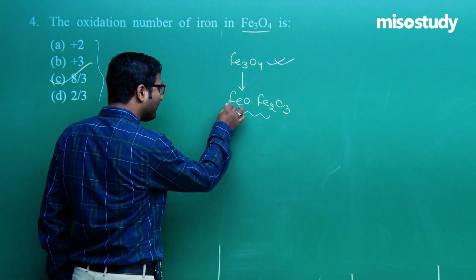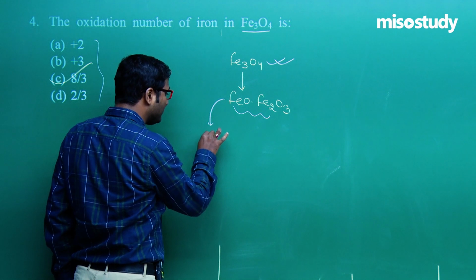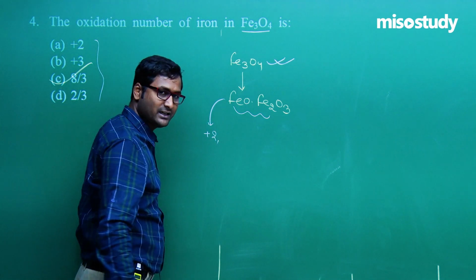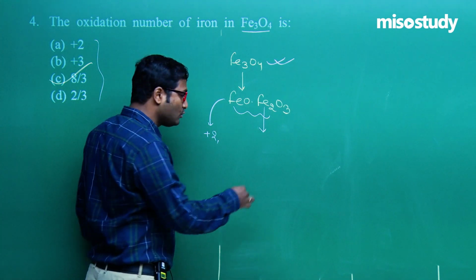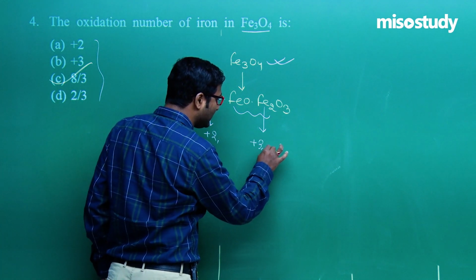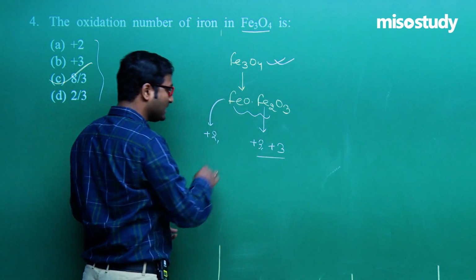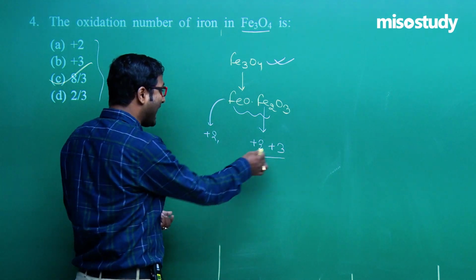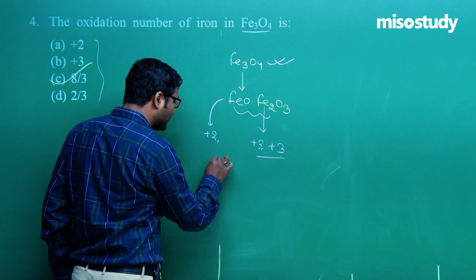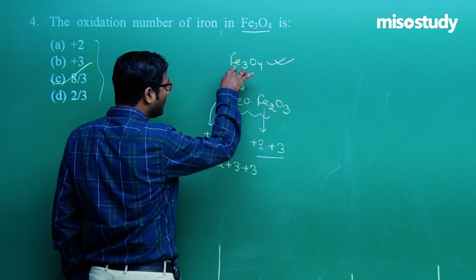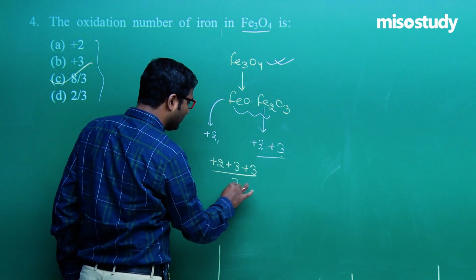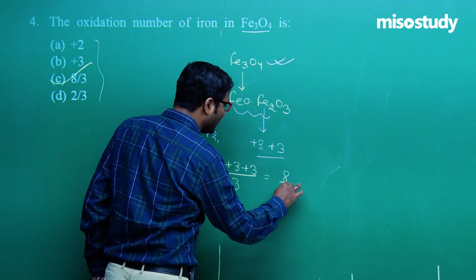Clear? Now in FeO, the iron is in plus 2 oxidation state, and in Fe2O3, there are 2 irons, each with plus 3 oxidation state. So the average of these 3 oxidation states, plus 2 plus 3 plus 3, total number of iron is 3, divide by 3, 8 by 3.